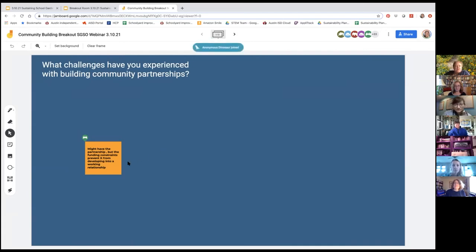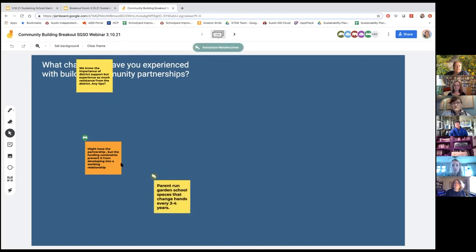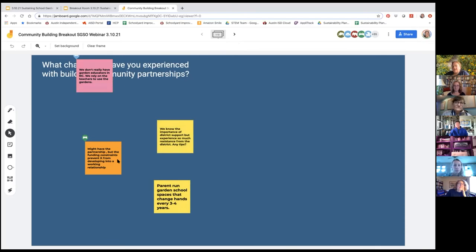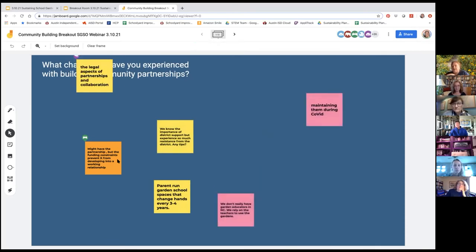Yeah, funding constraints are definitely an issue. Parent-run gardens, school spaces that change hands. Turnover, I think parent turnover and teacher turnover and general staff turnover are major issues.